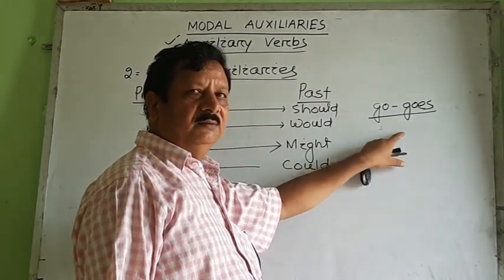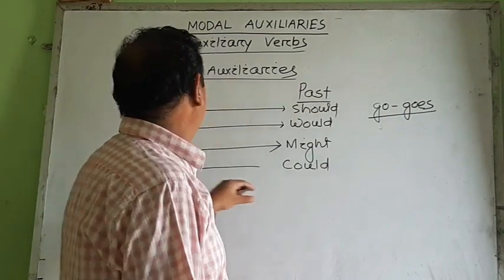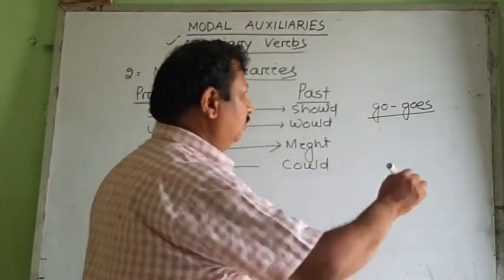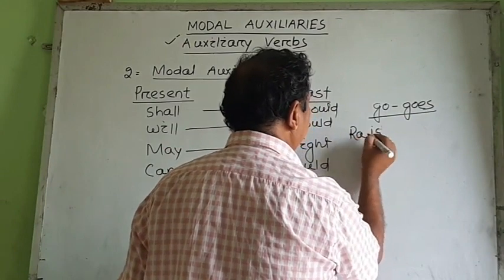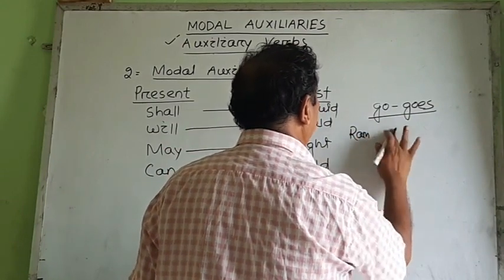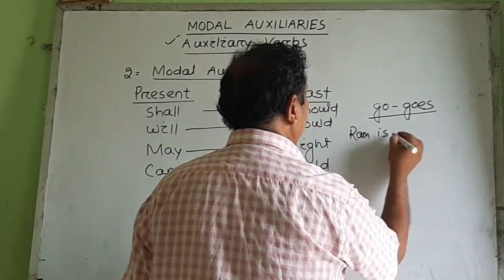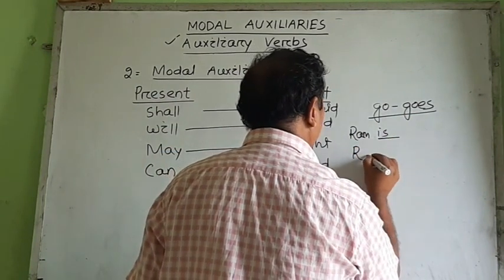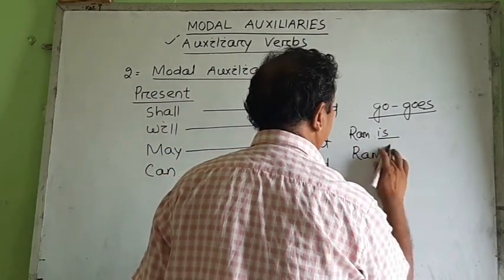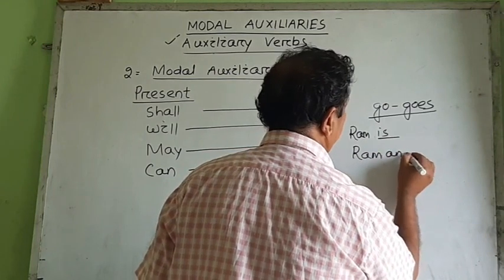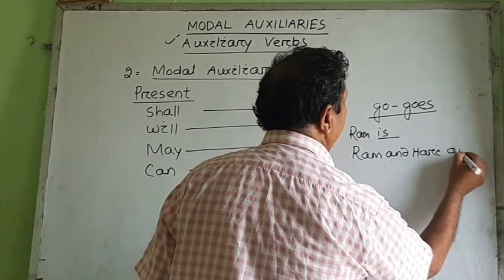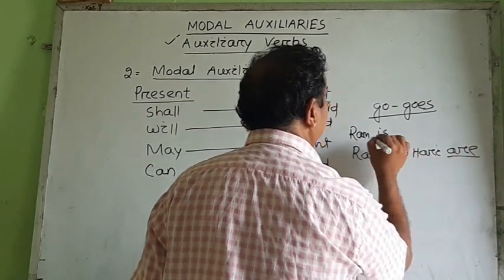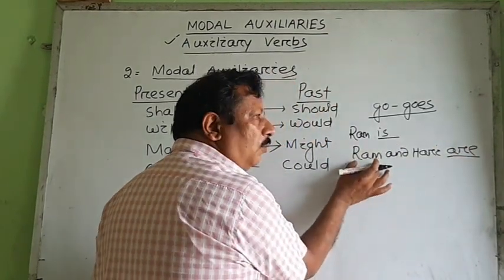Likewise, the be verb also changes according to the number of the noun: Ram is, then Ram and Hari are. See the change.